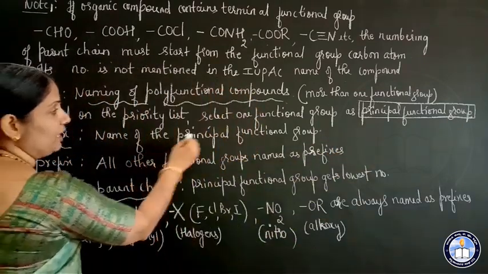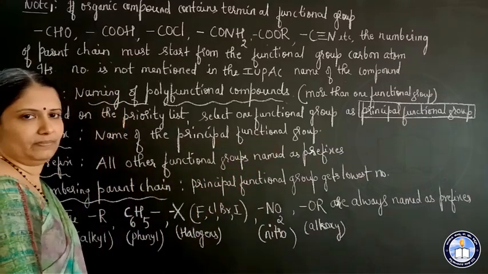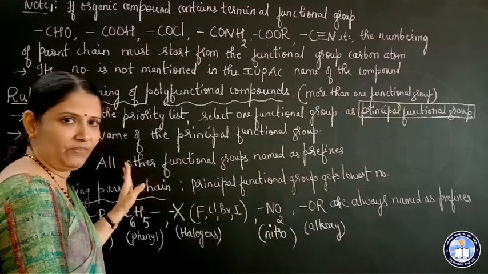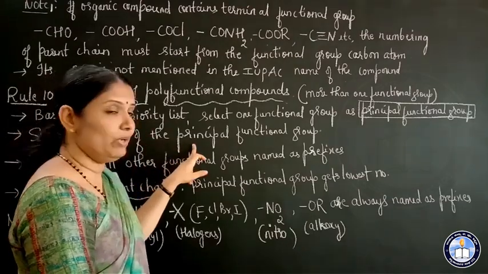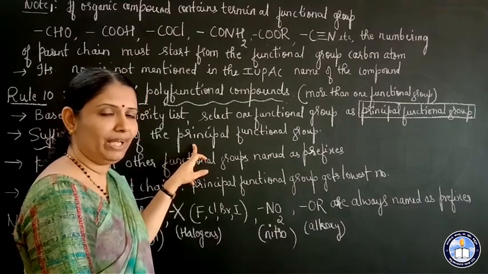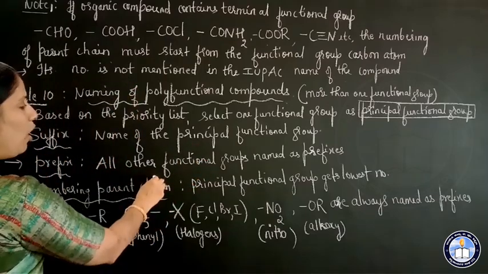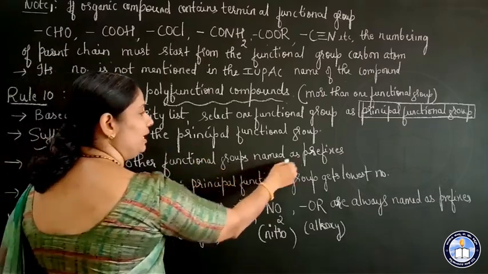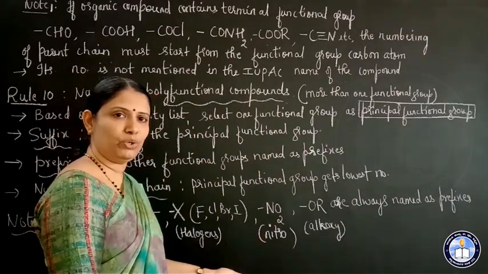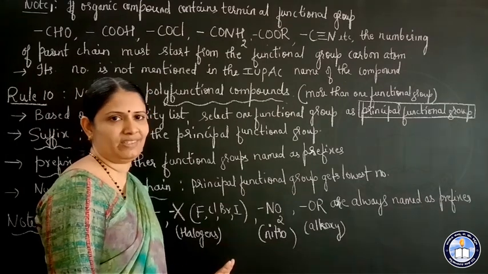Then the name of the principal functional group will be the suffix. The name of the COOH group will be the suffix. So for that organic compound, the suffix will be oic acid. All other functional groups will be named as prefixes. So the OH group will be named as a prefix. That won't be named as a suffix.